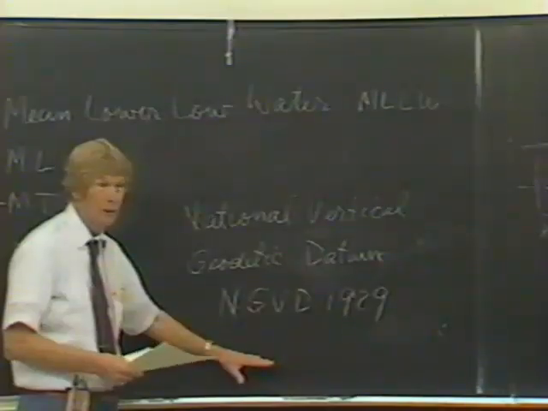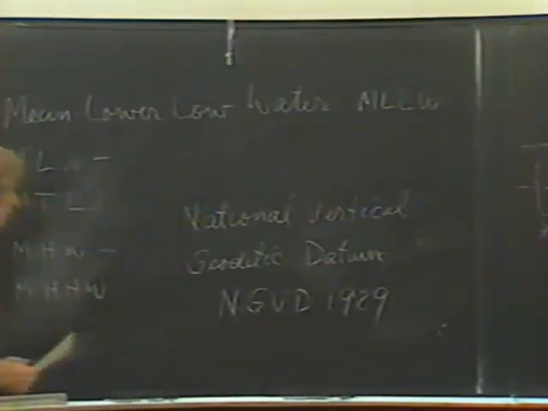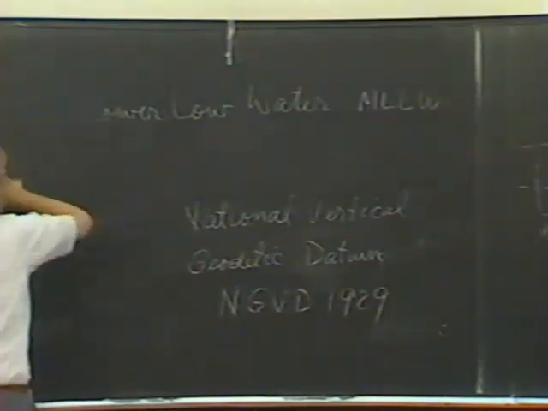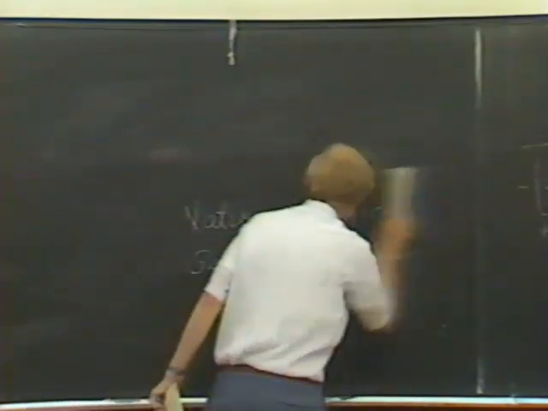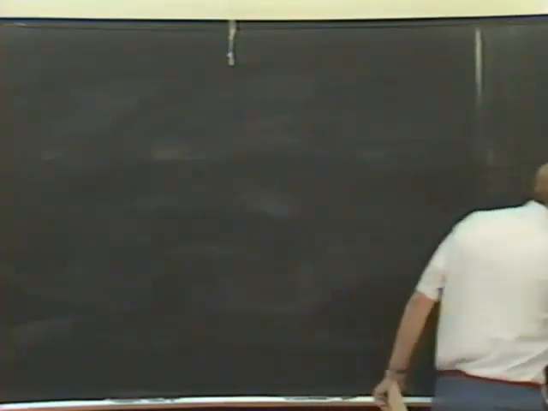The reason that mean high water and mean low water are used for land boundaries, that is, shore boundaries of land, is that back in Old English law, and still over most of the world, the upland boundary is considered to be mean high water for navigable waters.